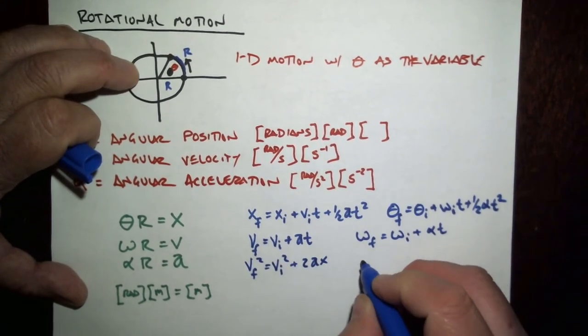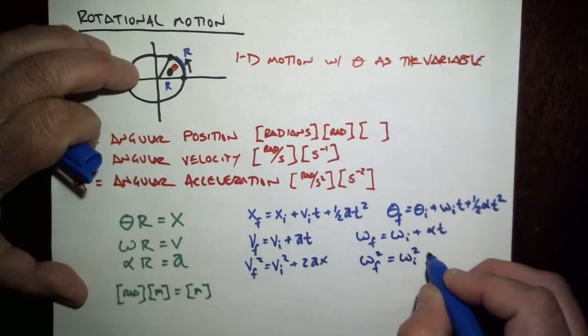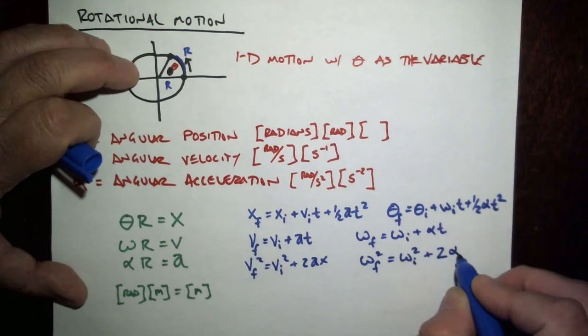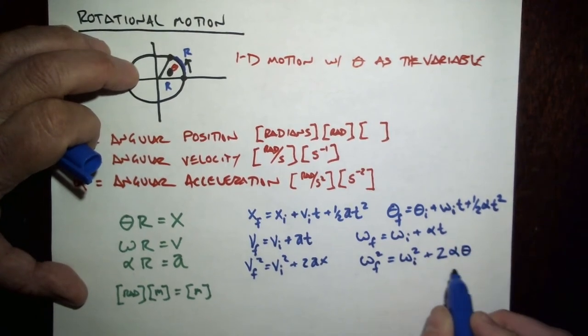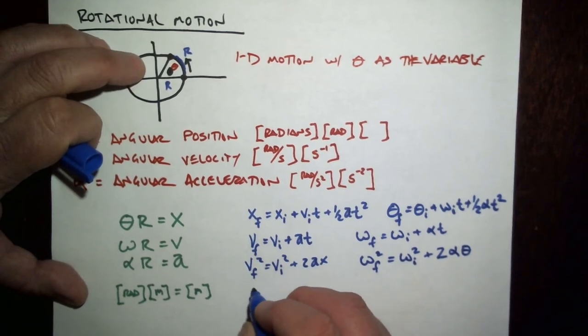this one looks really cool. Omega f squared equals omega i squared plus 2 alpha delta theta. Kind of looks like a fraternity or sorority you might join. And then finally, what's that last one? The no-x equation.